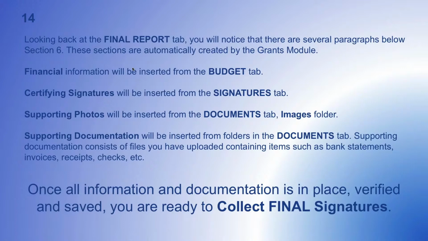Like there's financial information that will be plugged in from the budget tab. There are certifying signatures that will be plugged in from the signatures tab. Your photos and your financial documents will come in from the documents tab, and the image, either the home folder or the images folder, as we discussed earlier.